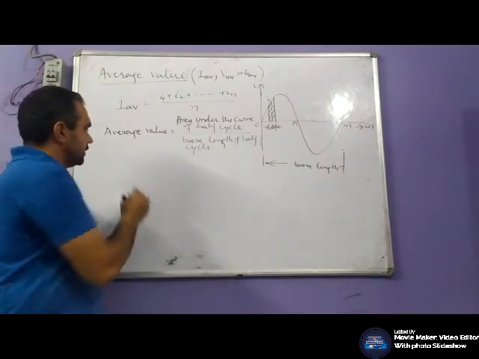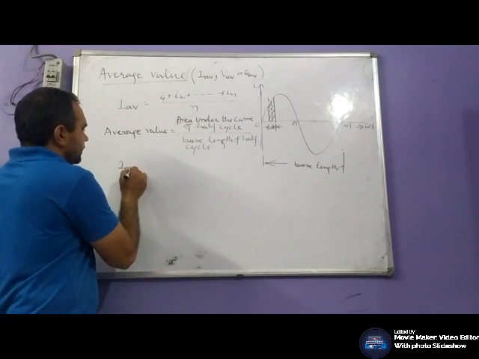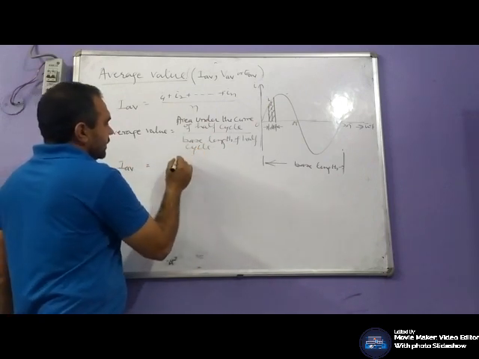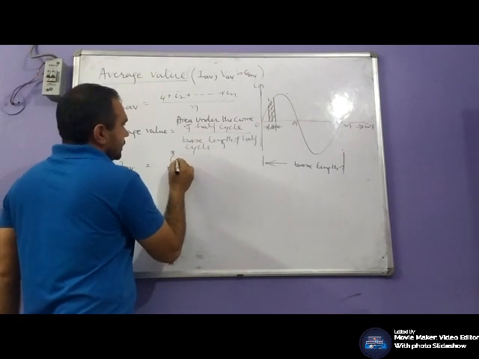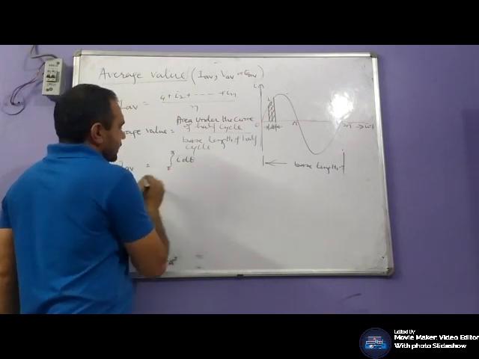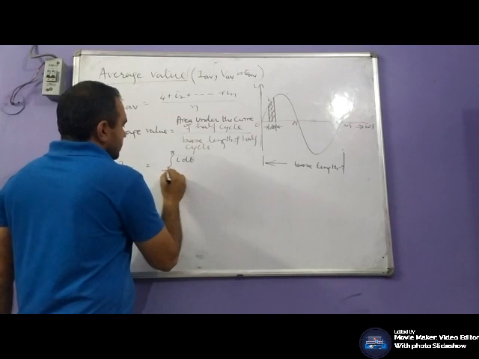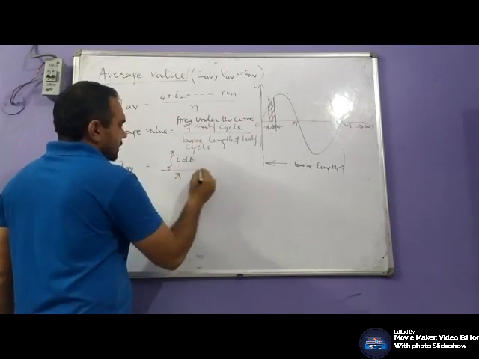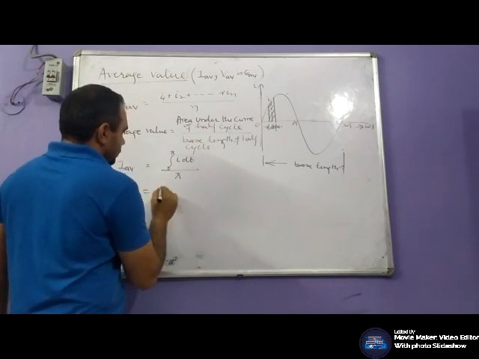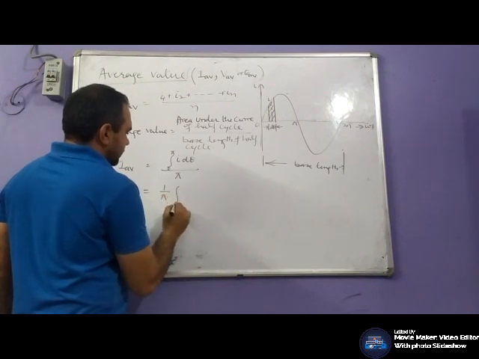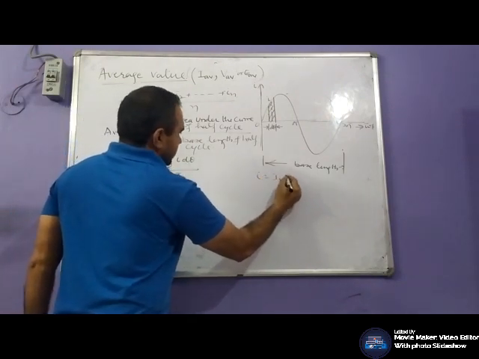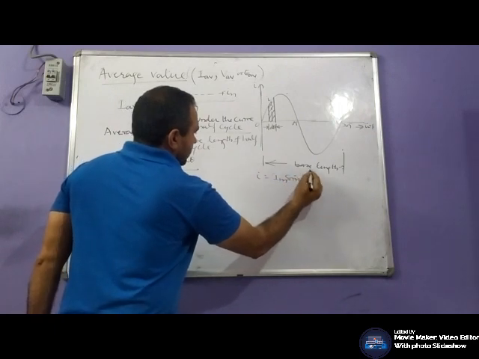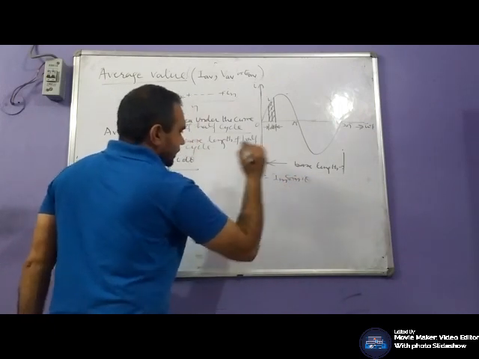Now here, what would be the average value of the current? Area under the curve 0 to pi i d theta, and the base length is pi, or 1 by pi integral 0 to pi. What is i? Im sine of omega t or sine of theta.